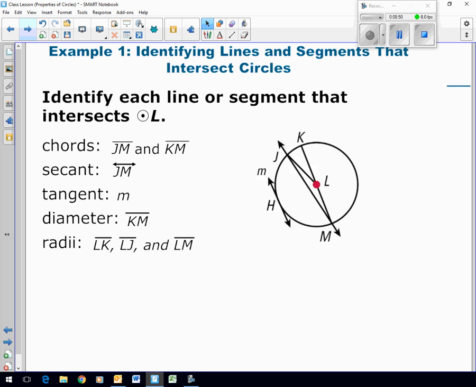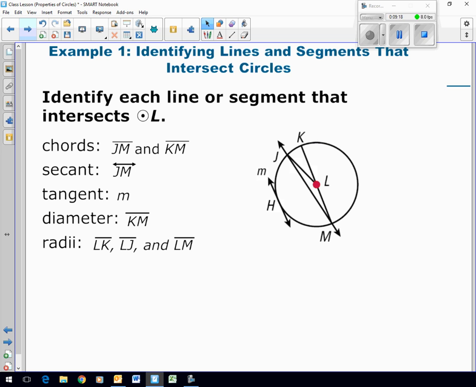A circle is simply a set of points that are equidistant from point L. So, from the rim of the circle to L is the exact same, no matter where you are on the rim of the circle. And we call the line segment that goes from the rim of the circle to L a radius. It's always equidistant.